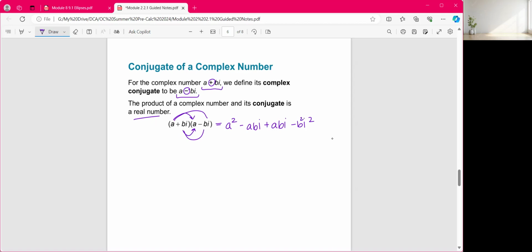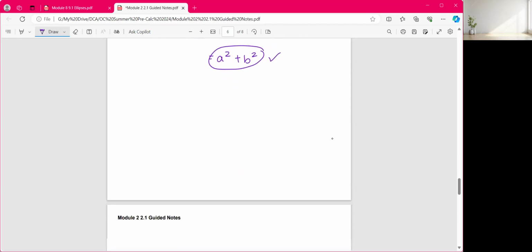And notice the middle terms are going to cancel. And then you'll have a squared minus b squared times i squared. Remember our definition, i squared equals negative 1. And so notice when we simplify that, our imaginary numbers are gone, and I'm left with a real number, which is what we want in fractions in the denominator.